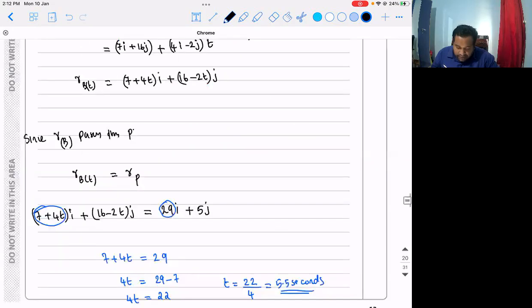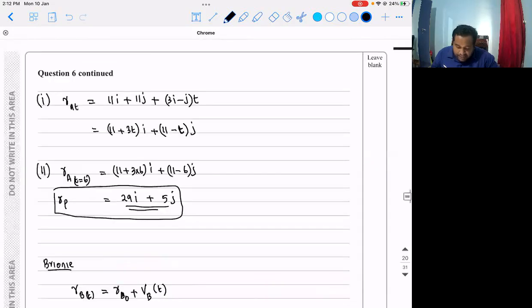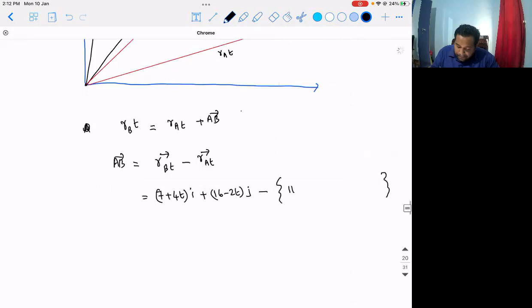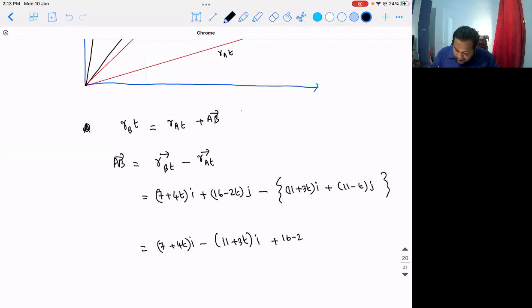The position vector of A is (11 + 3t)i + (11 - t)j. So could you please expand it? What happens? (7 + 4t)i minus (11 + 3t)i plus (16 - 2t)j minus (11 - t)j.